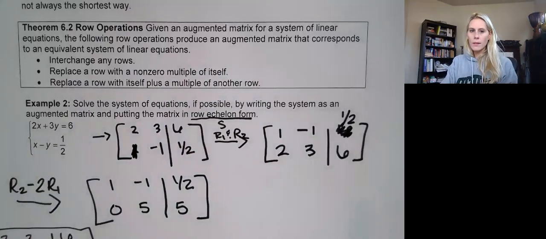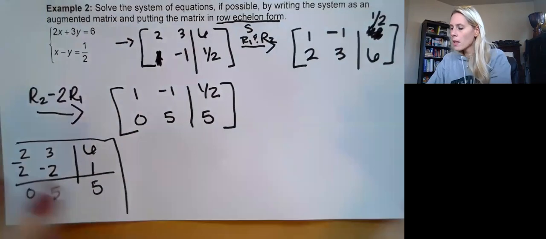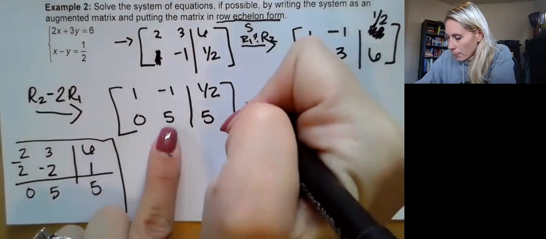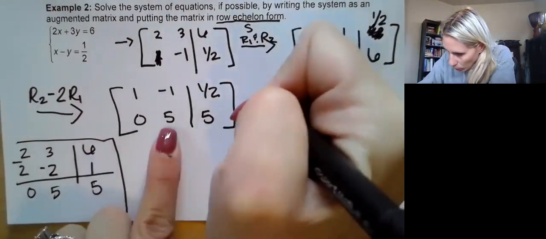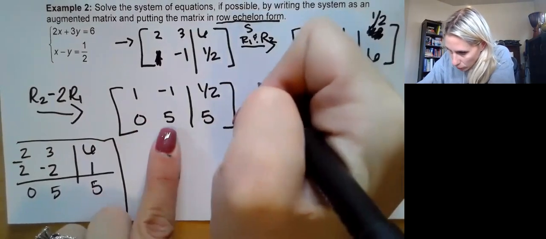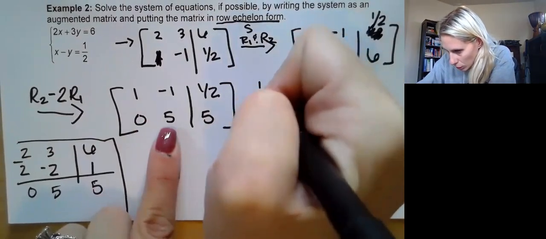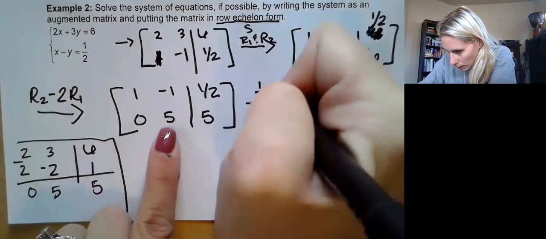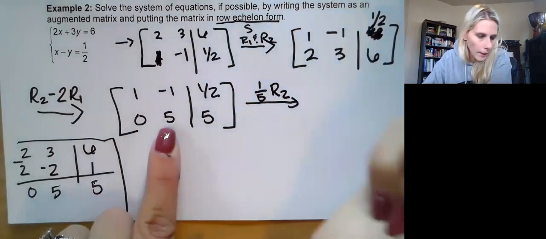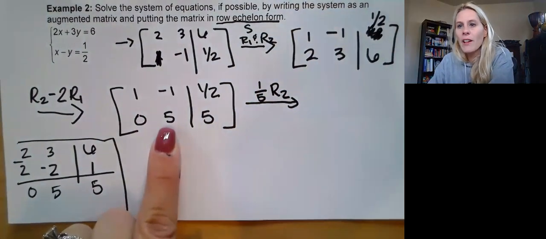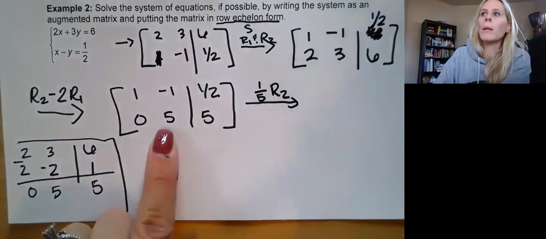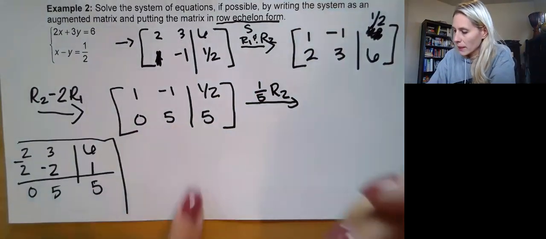Okay. Now what's my next step? Sorry, guys. I need 1 in that spot. So what am I going to do? I'm going to multiply row 2 by 1/5. I mean, you can think of it as division, guys, but remember with matrices, usually we want to think of multiplication.